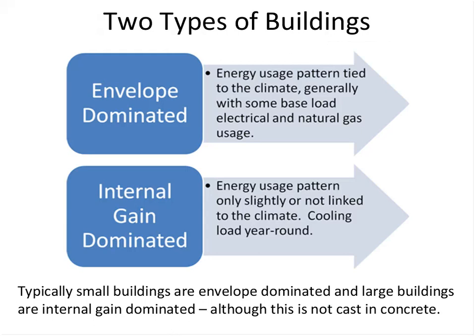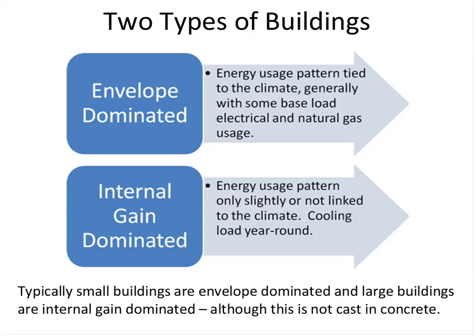And it's going to be based on weather. And typically, buildings below probably 50,000 square feet tend to be envelope dominated, but that's not a hard and fast rule. I looked at the Pentagon, which is a very large, millions of square foot office building in Washington, D.C., and it was envelope dominated. So, you know, size isn't a full determinant.